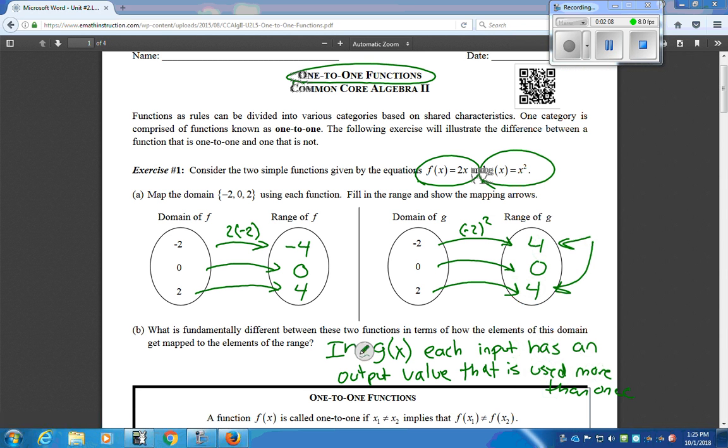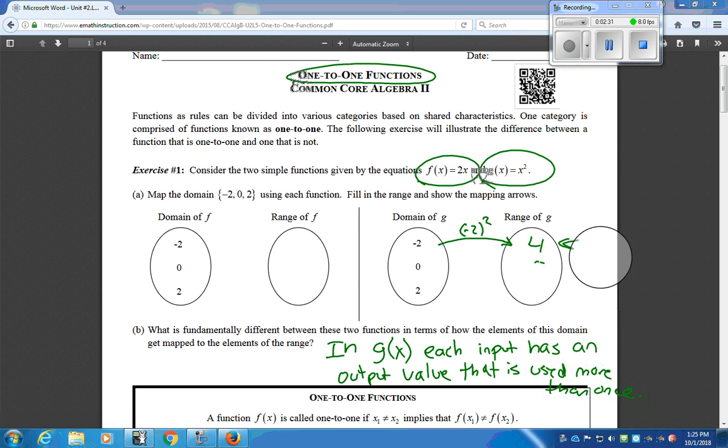Kind of ran out of space there, but used more than once. So they're both, in fact, functions, but now f of x is actually what's called a one-to-one function, because every one y value and one x value match up with each other, and we don't have that repeat of a y value like we did have in some functions we talked about, like quadratic functions.